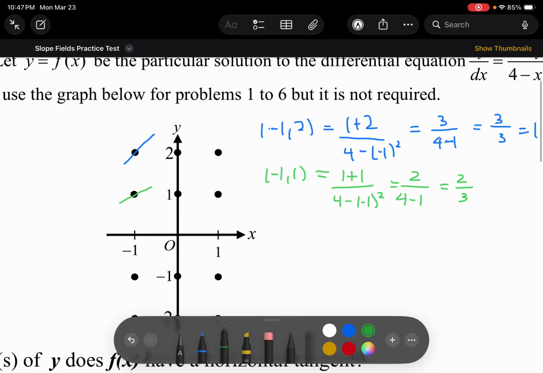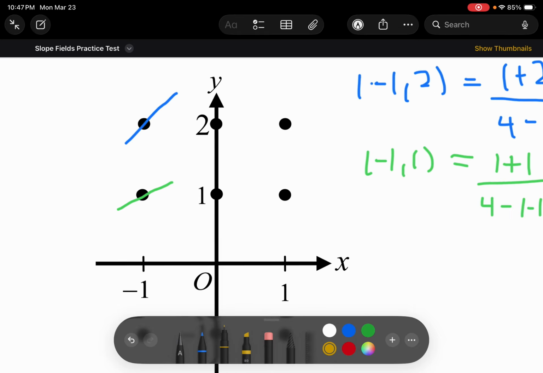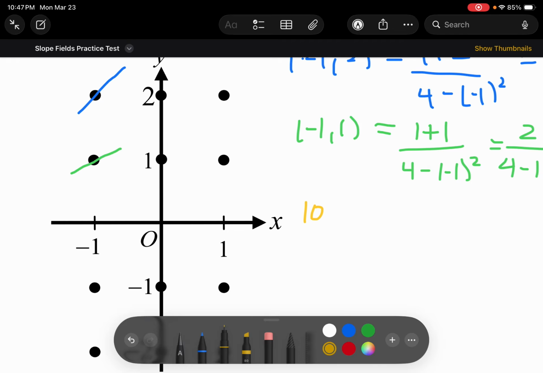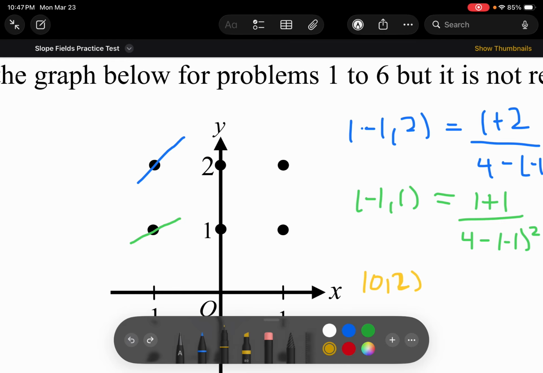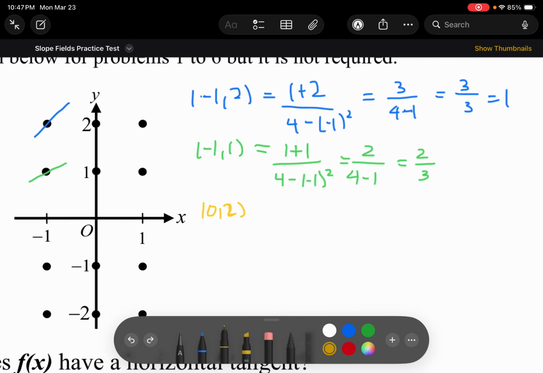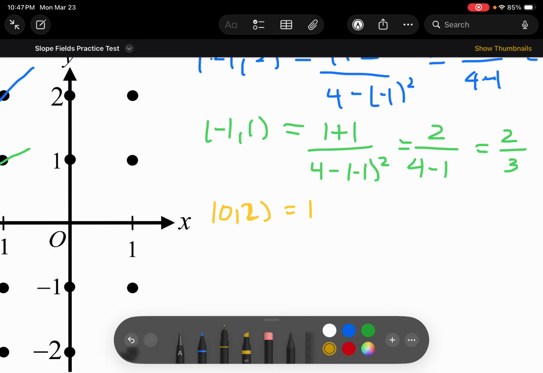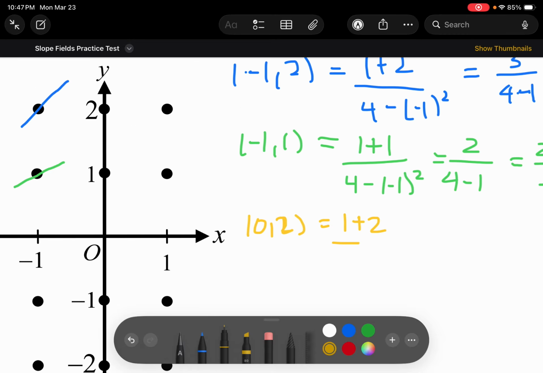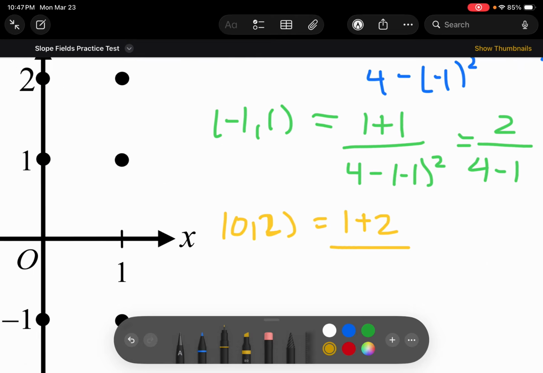Okay, let's do 0, 2. We're going to do 1 plus y, which is 2, over 4 minus x squared.